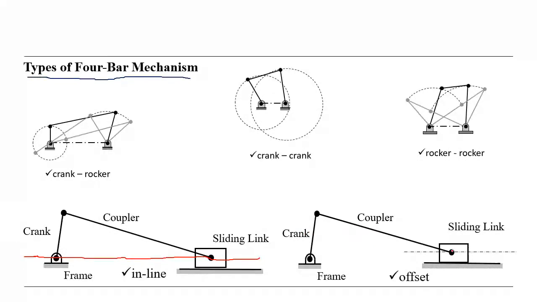But the offset crank slider mechanism is not the same. Like this here, there is a distance in between. Therefore, we say offset sliding link or offset crank slider mechanism.